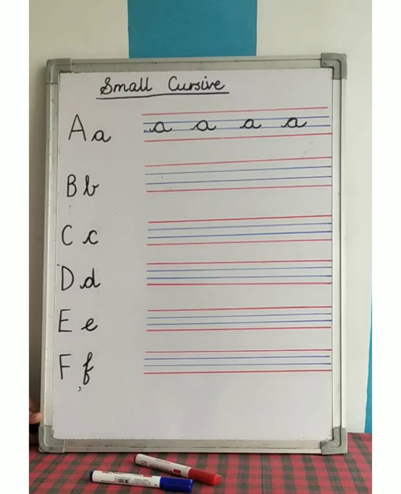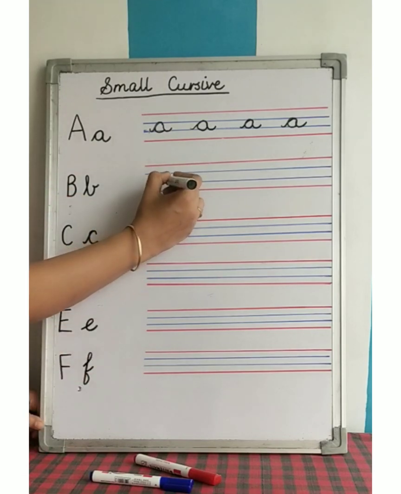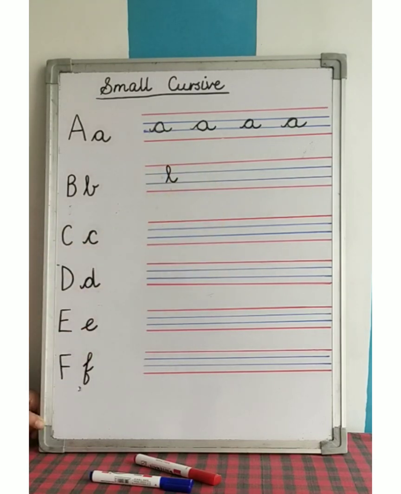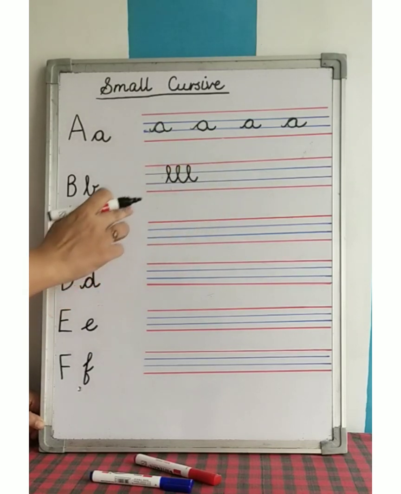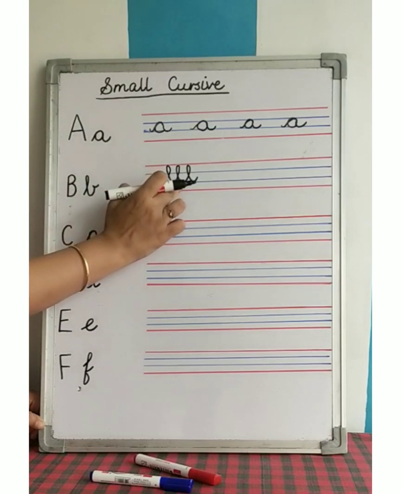Alright, now we will proceed to small cursive B. So students, small cursive B is based on this pattern. You have already practiced this pattern earlier in your classwork copies.